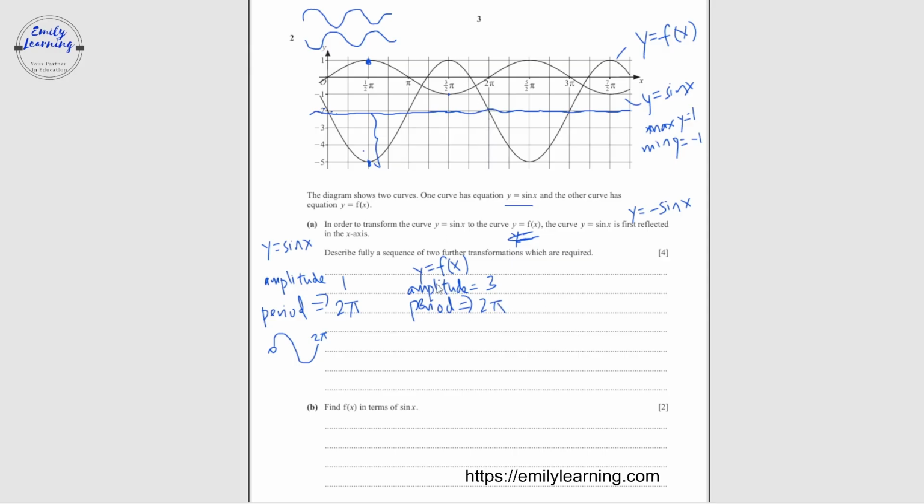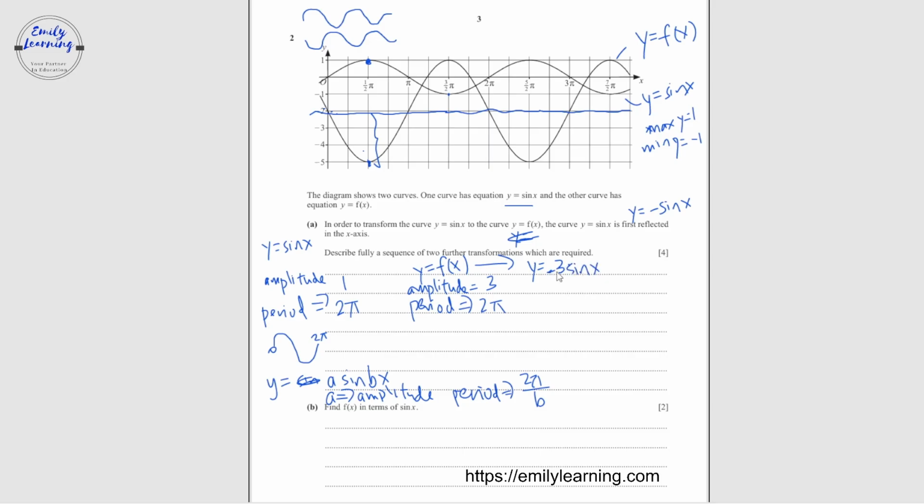So what do I know? Well, if I have a graph y equals a sine bx, a will be the amplitude, right? And the period will be 2 pi over b, right? Because I know that the period remains the same, but the amplitude is now tripled, I know that this probably has something to do with y equals negative 3 sine x.